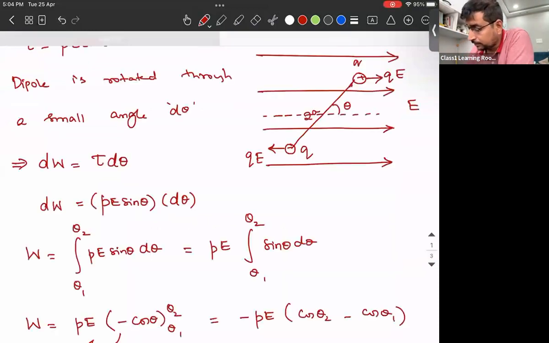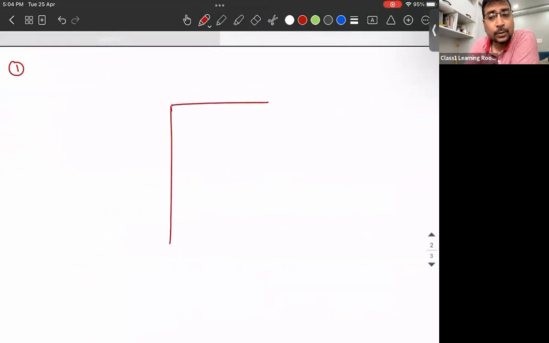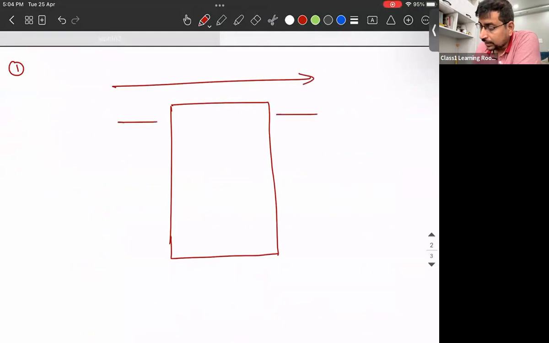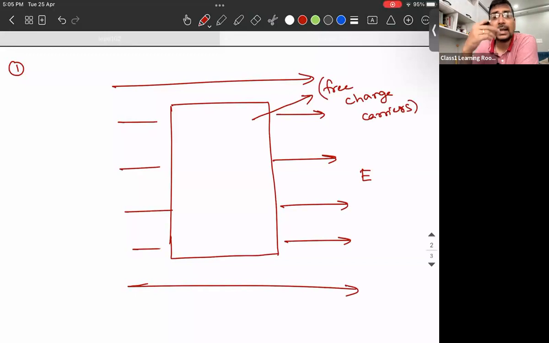Basically, when I take a conductor like this and place it in an external electric field in this way, the first point to be noted is that the conductor has free charge carriers, that is, electrons, and this electric field penetrates into the conductor itself.